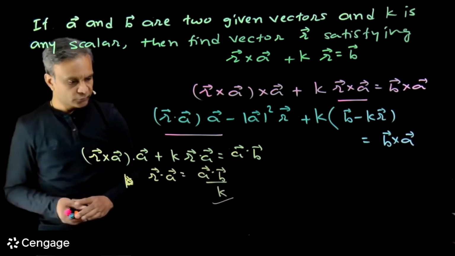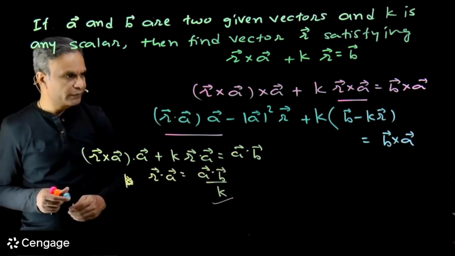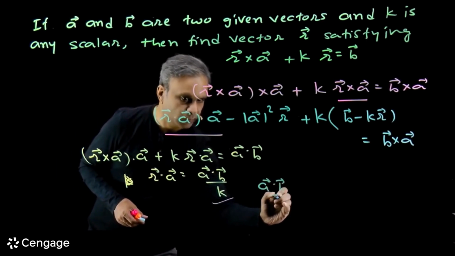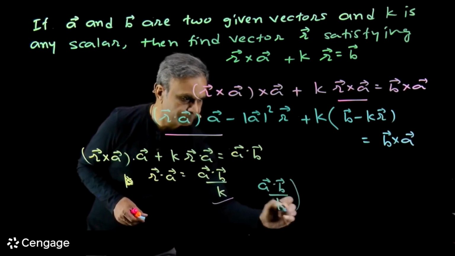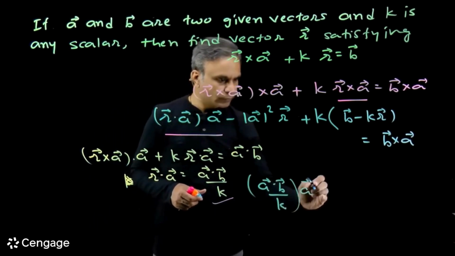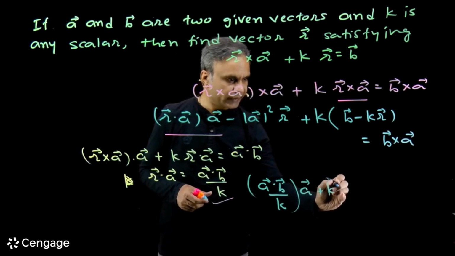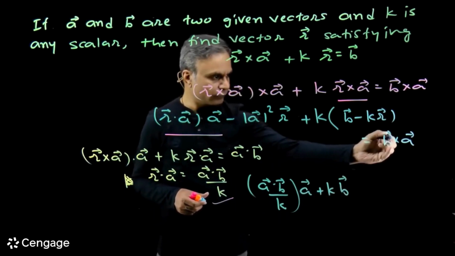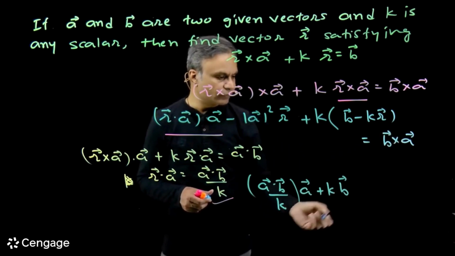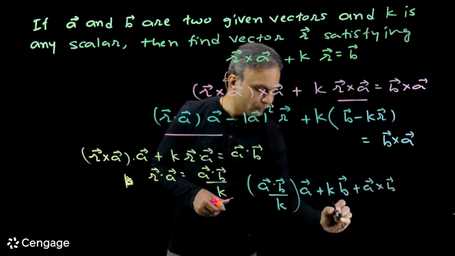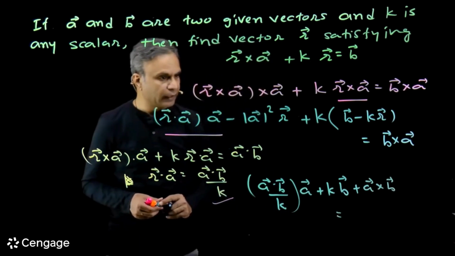Okay, for this value of r dot a here we get a dot b over k multiplied by vector a, plus k multiplied by vector b. Okay, we transfer this term on LHS. We will have minus b cross a or plus a cross b, and we transfer terms containing r on RHS.